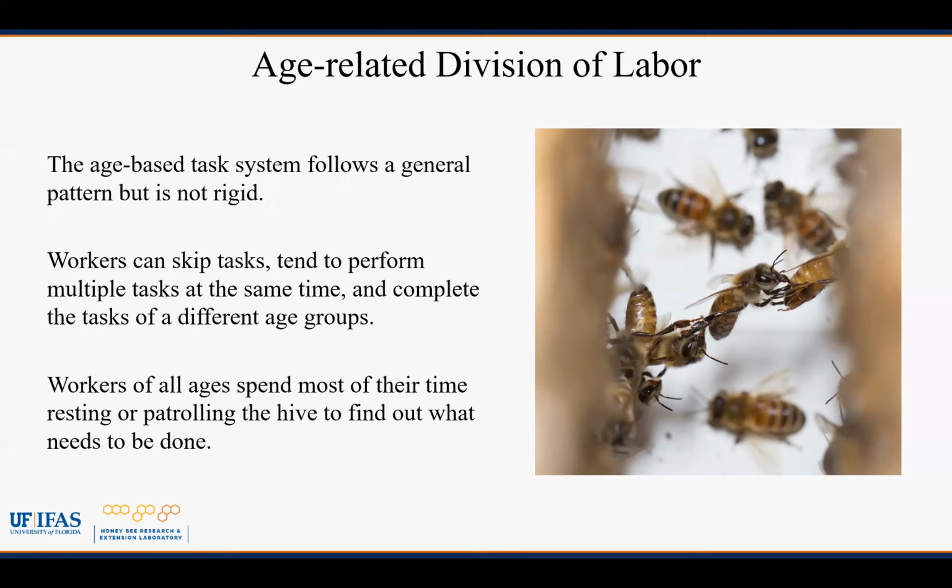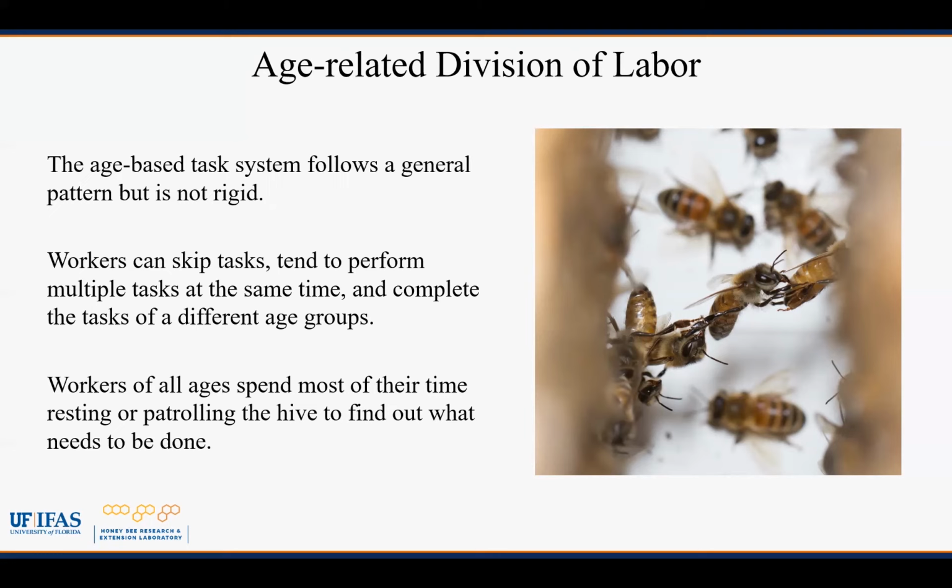I once wrote a column for the American Bee Journal, which is one of our large national bee publications. In that particular journal, I was writing a series of articles on honeybee behavior and biology. And I had to do a lot of research to study worker honeybee tasks.